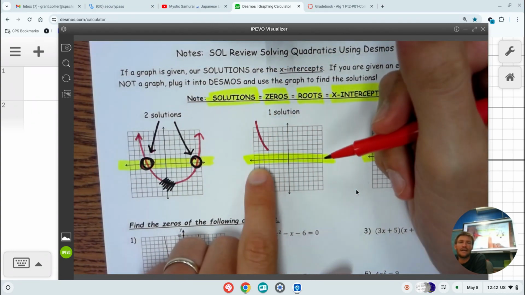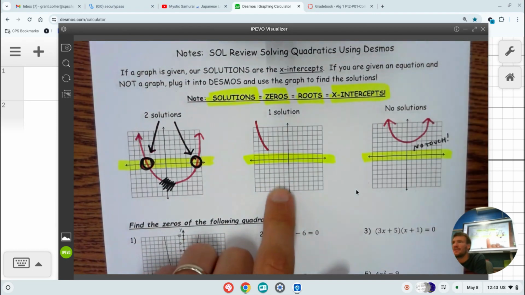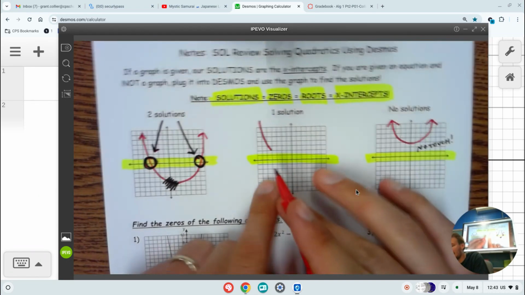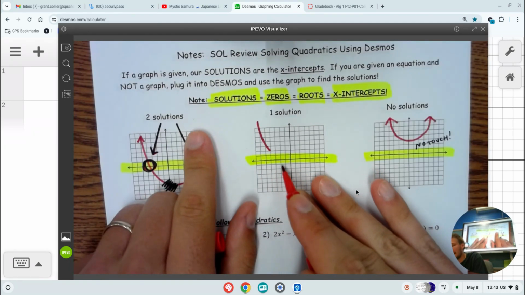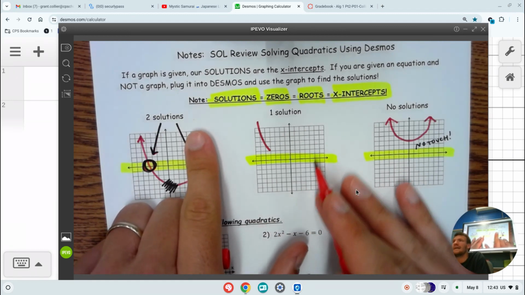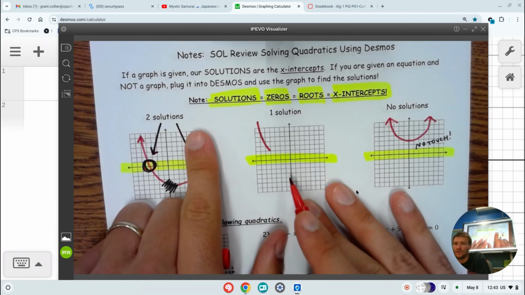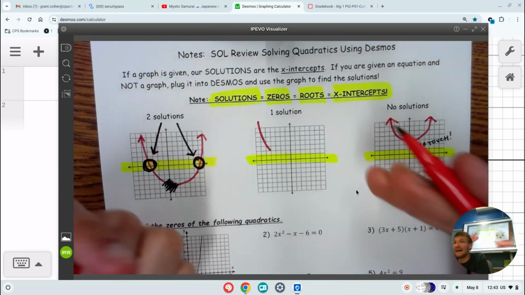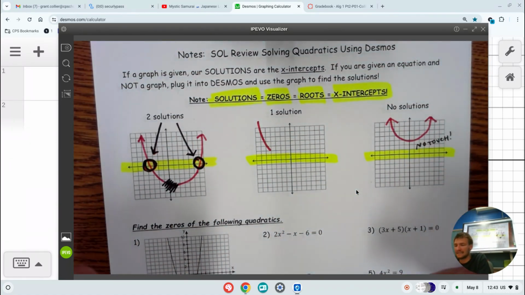And when we approach this x-intercept, we cannot cross it. Because if I cross the x-axis and I get to the bottom, well, now I'm going to have to make a U shape that comes back up, and it's always going to go through it twice. Down 1, up 2.